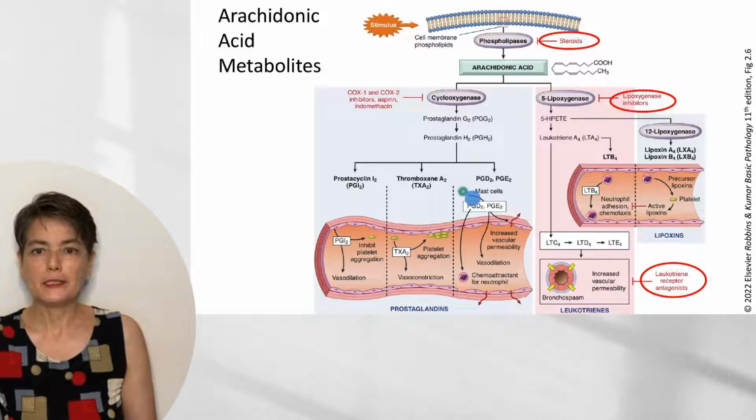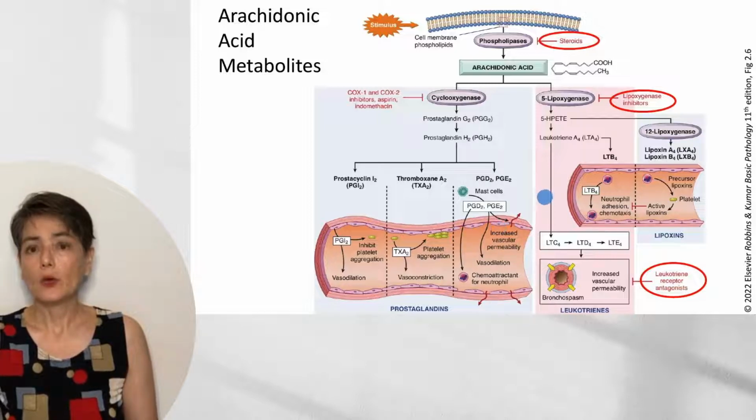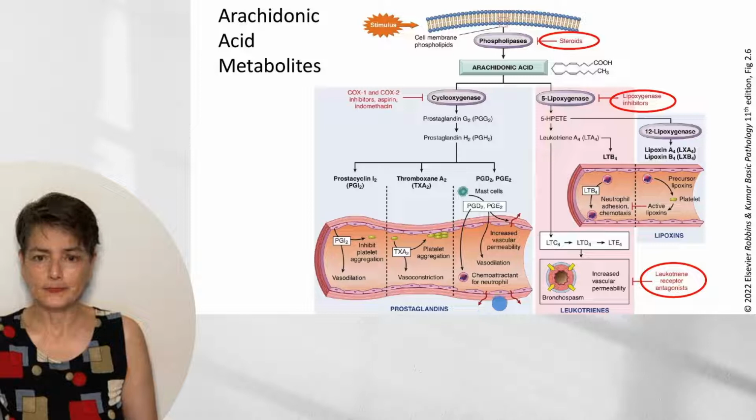We also have PGD2 and PGE2, and they play a role in increasing vascular permeability and as chemoattractants for neutrophils. So this is PGD2 and PGE2. And you're going to see this in a variety of different clinical scenarios, for example, in asthma.